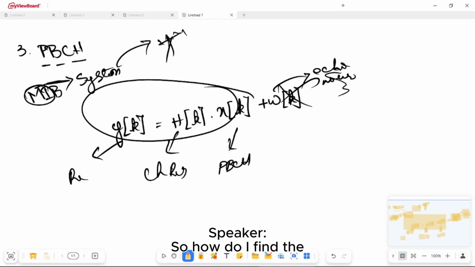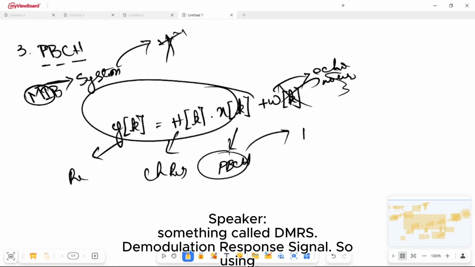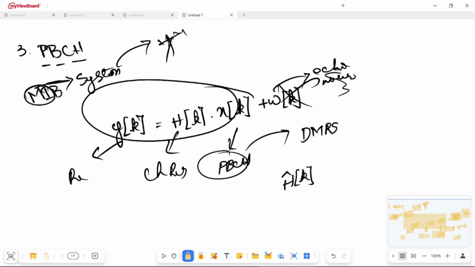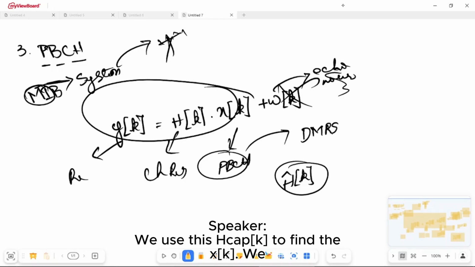So how do I find the x of k? Simple. We use something called DMRS, demodulation reference signal. Using this, we find the h cap of k and then use this h cap of k to find the x of k.